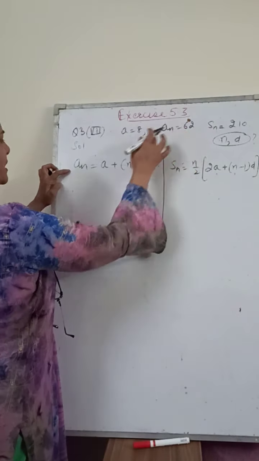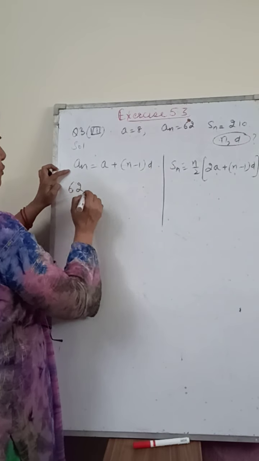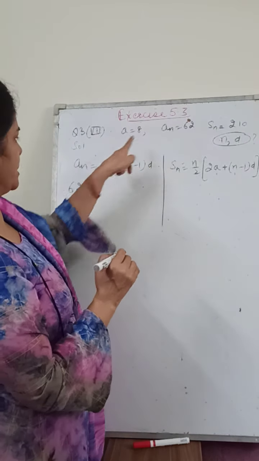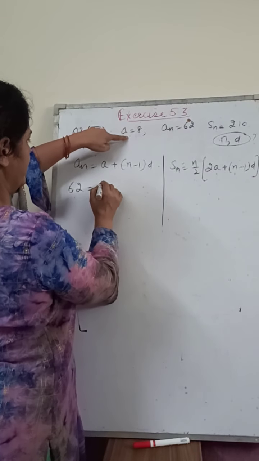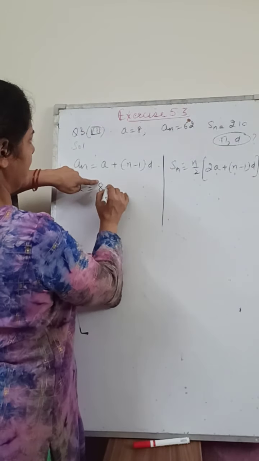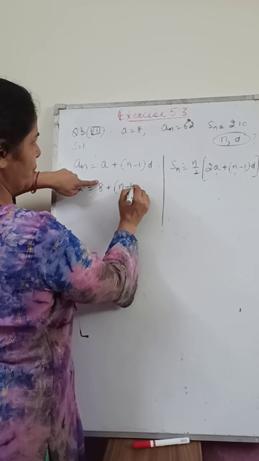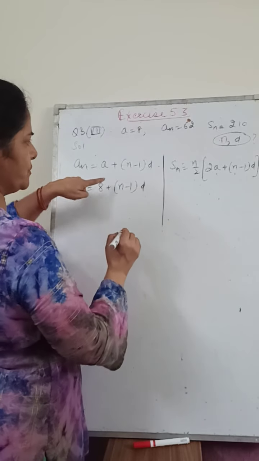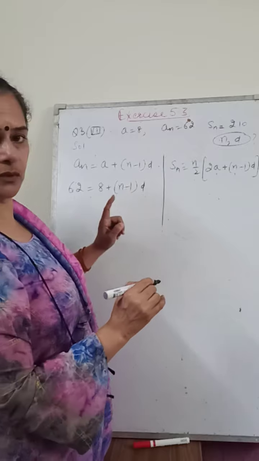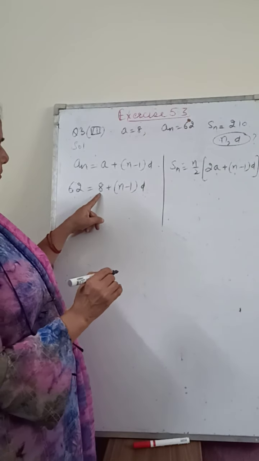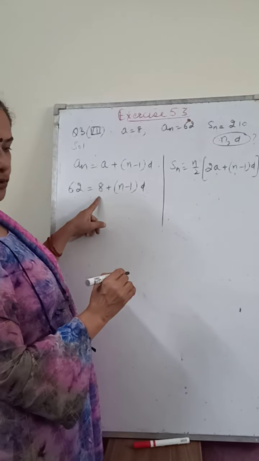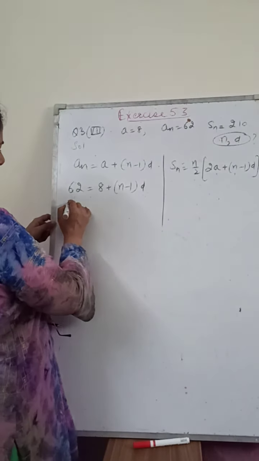An you are given 62. 62 is equal to A, you are given 8, and n I don't know, and d also I don't know. Clear? Now we will bring this to this side.